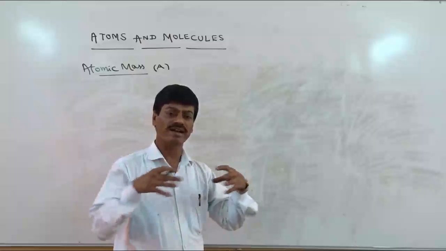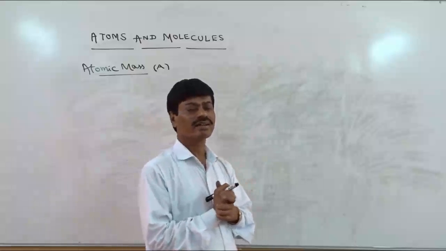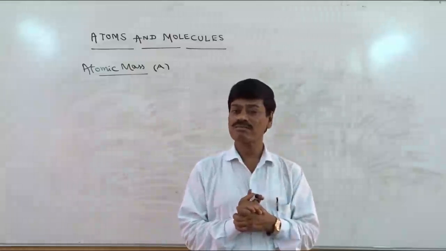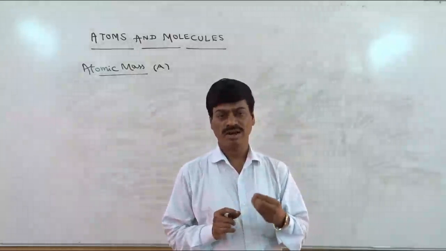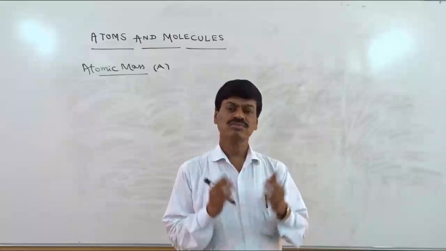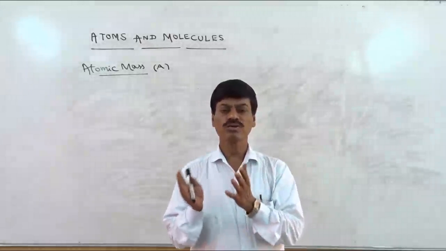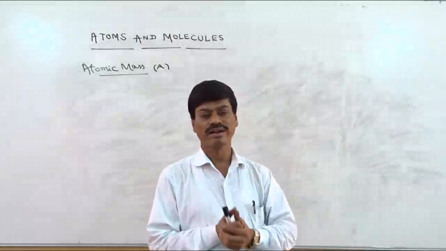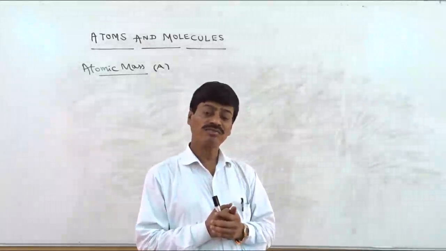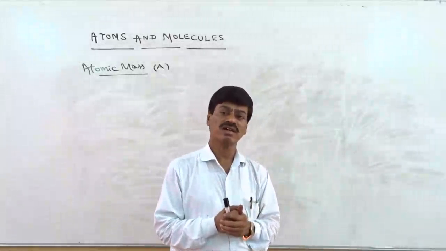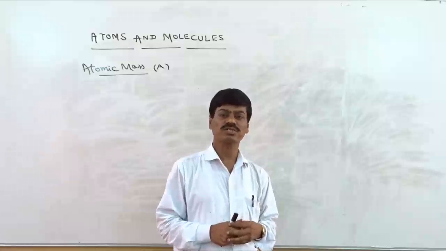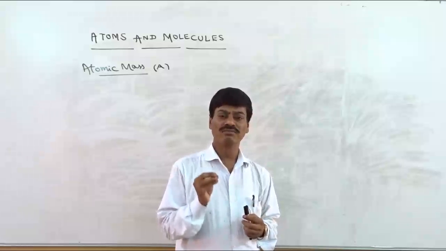Unified means added. What are added in calculating the atomic mass of an element? The number of protons and the number of neutrons. These two are added. We are unifying the number of protons and neutrons, thereby to get the atomic mass of an element.